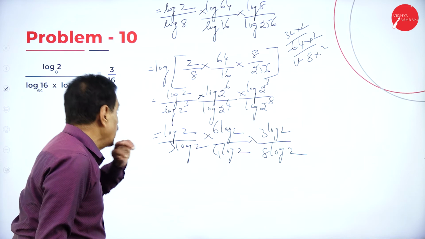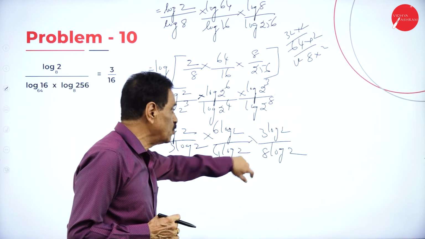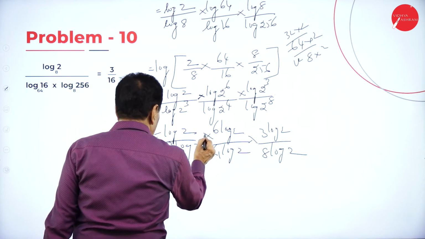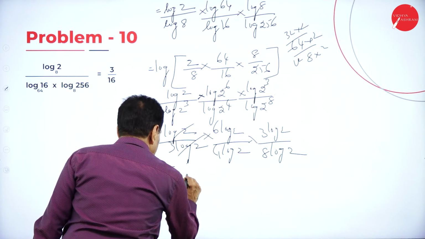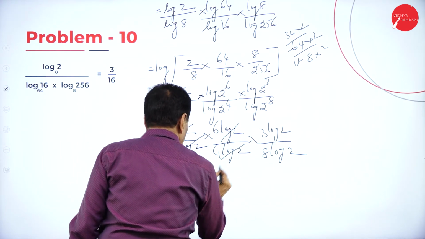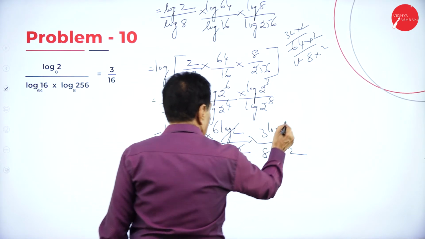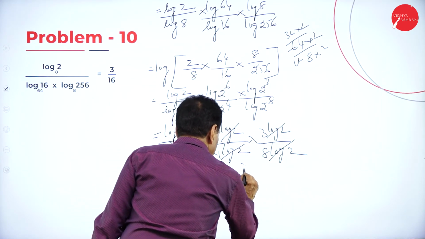Log 2, 3 log 2, 6 log 2 divided by 4 log 2, 3 log 2 divided by 8 log 2. So 1 by 3, 6 by 4, 3 by 8.